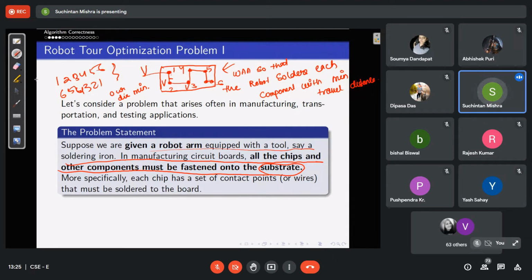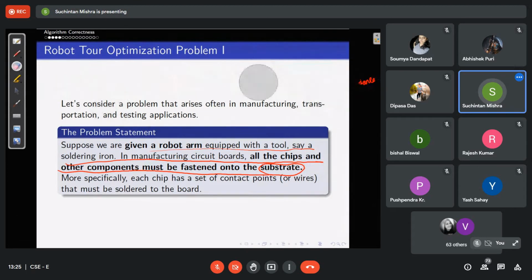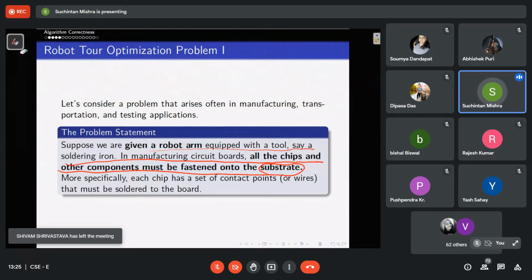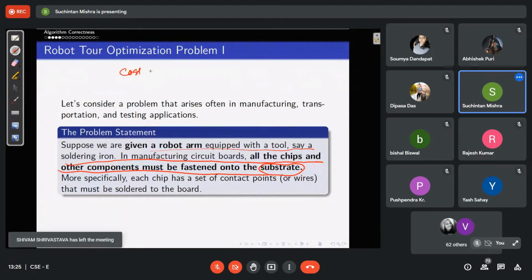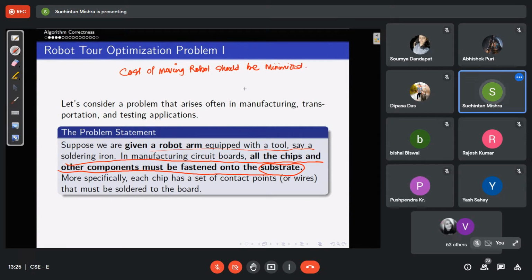Why do you want the distance to be minimum? Because the cost of moving the robot should be minimized. So we want to minimize the cost of moving the robot.